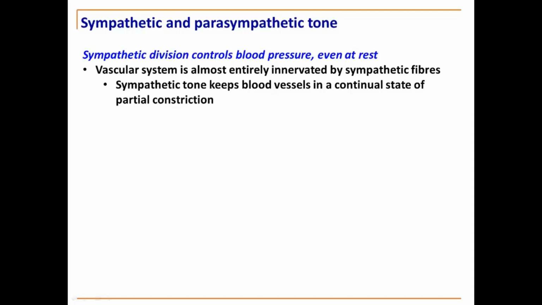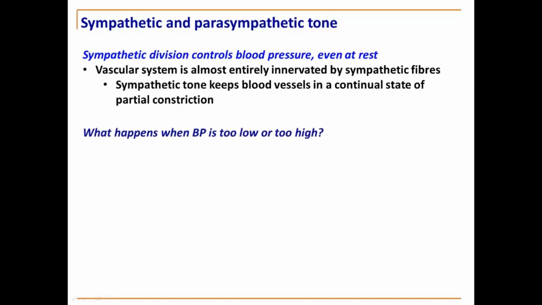So what happens is the sympathetic division controls that blood pressure. And so the vascular system, with the exception of the reproductive system, is almost entirely innervated by sympathetic fibers. And what's called sympathetic tone is basically the blood vessels are in a continual state of partial constriction, which means that they can be constricted more to increase blood pressure further, or relaxed, therefore dilated, to lower blood pressure.